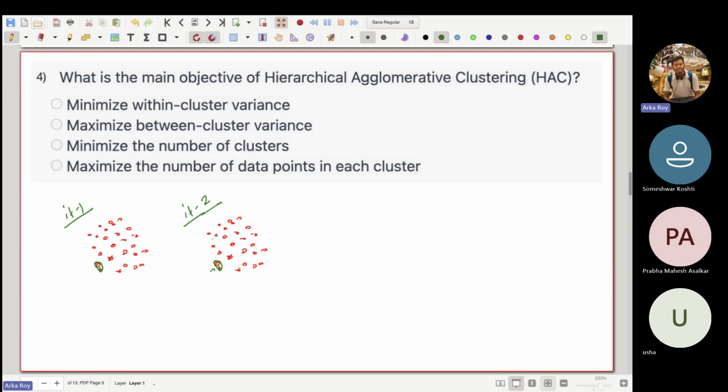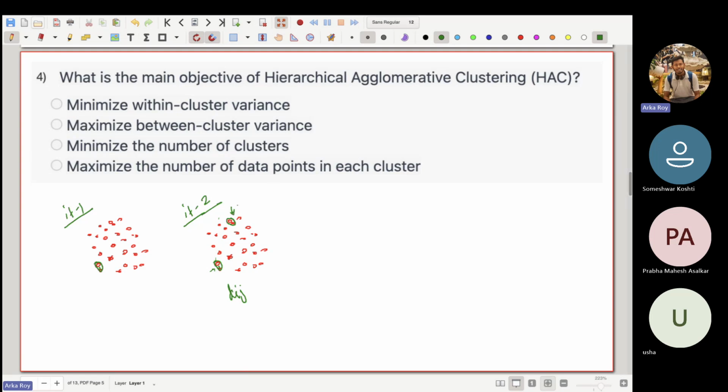Then again we'll calculate the distance from this point to this point, and this point to this point. That means we have to again calculate dij, all possible distances between all the point pairs. Then let us consider you have seen that this is the smallest distance over all the data points, so we'll club them together.